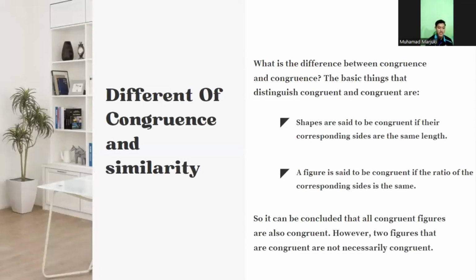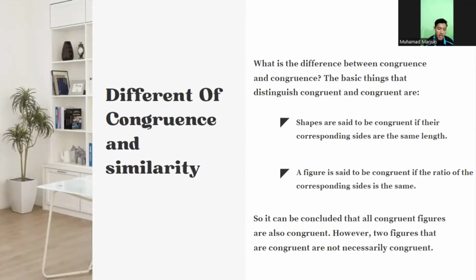Next, the difference between congruence and similarity. What is the difference between congruent and similar? The basic things that distinguish them are, first, shapes are said to be congruent if their corresponding sides are the same length.